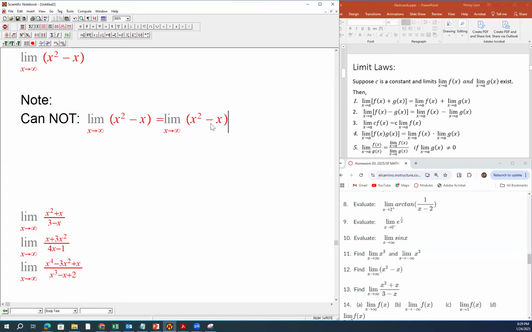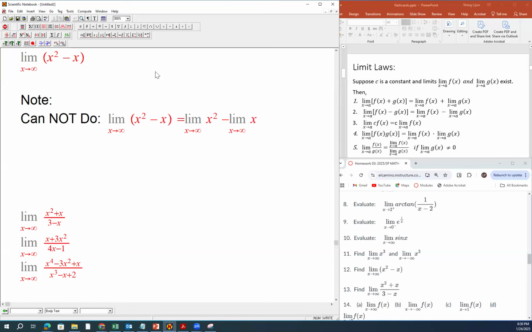We cannot apply the limit law because the limit law only applies when each individual limit exists, which means a finite number, and we don't have that. We cannot do this.